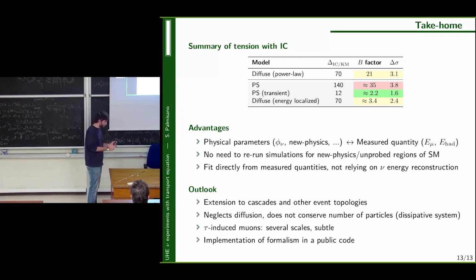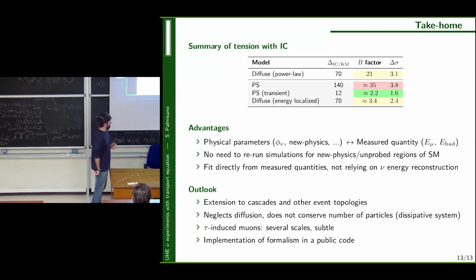I mean that you don't need to rely on assumptions made by collaborations, either on standard physics or new physics, or on the reconstruction of the neutrino energy when you perform fits, for example, to infer physics parameters.